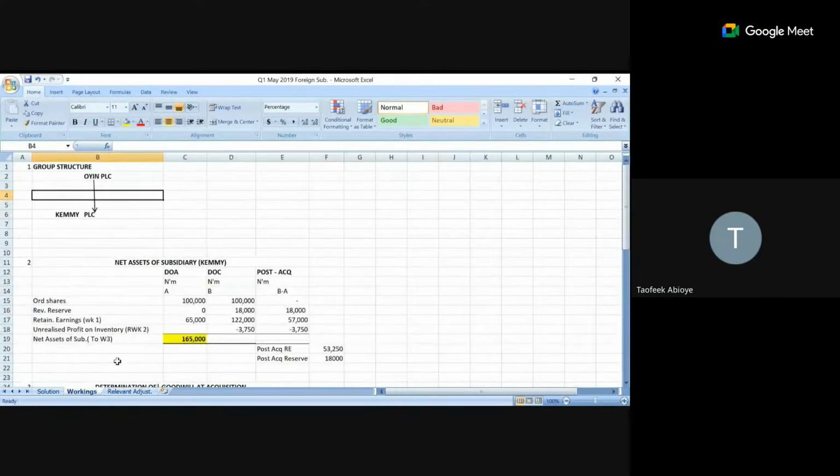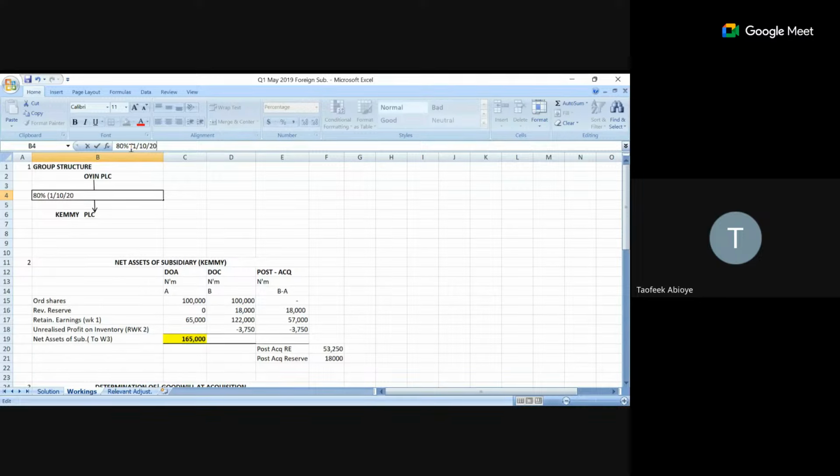And we can quickly go to our group structure and construct it. 80%, right? Yes. So that is it. When is the date of acquisition? 1st of October 2016? Is it not 2016?